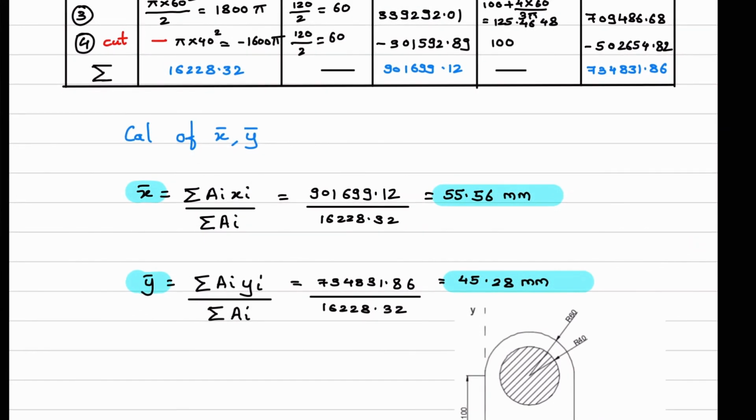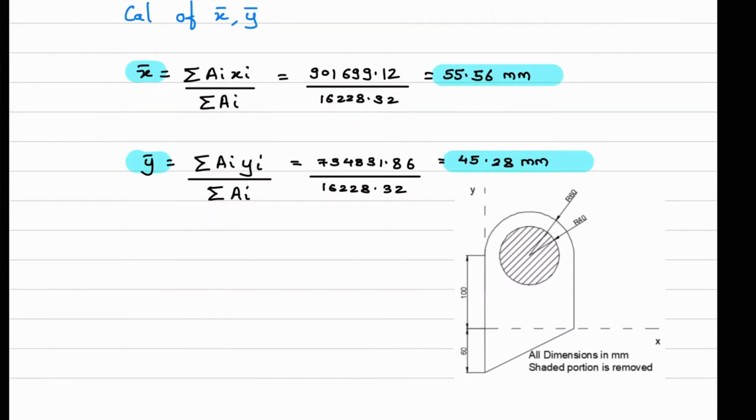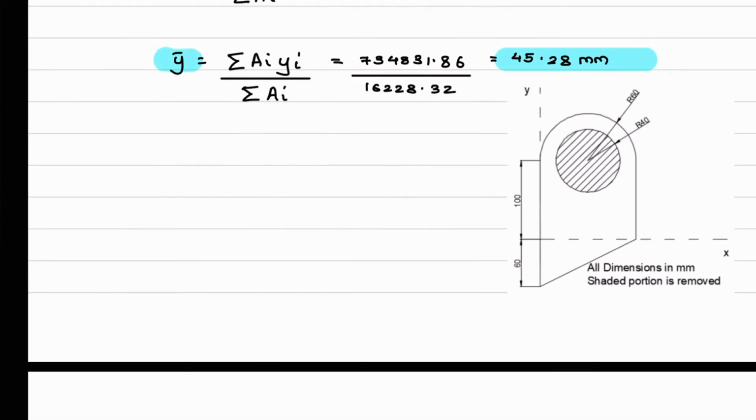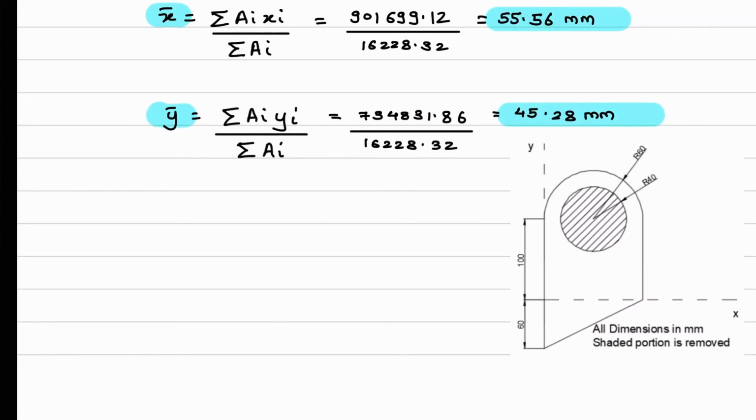Now finally you have to mark X bar and Y bar on the diagram. So X bar distance is 55.56. Now total distance is 120, half is 60 and we have 55, so it will be left of the vertical, half of the horizontal.